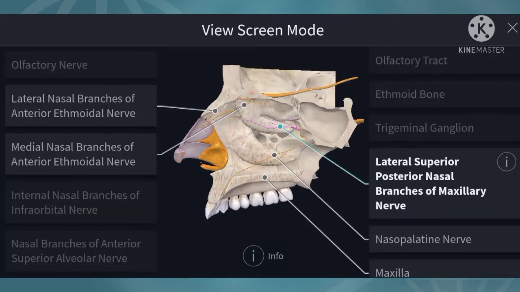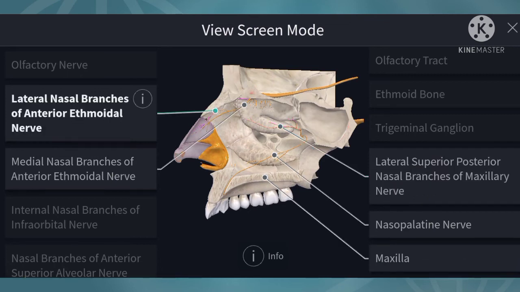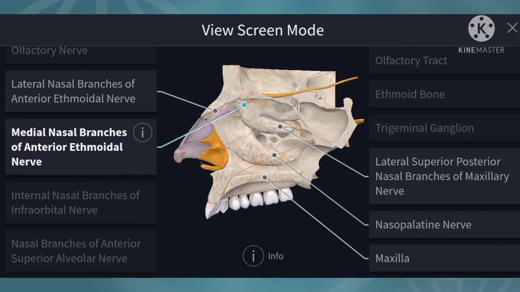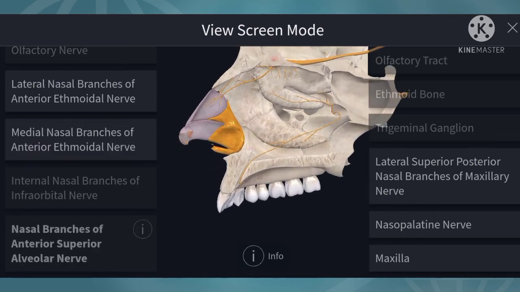Now we will see the nerve supply of the lateral wall of the nose. The general sensory nerves derived from branches of the trigeminal nerve are distributed to the whole of the lateral wall. The anterior superior quadrant is supplied by the lateral nasal branch and the medial nasal branch of the anterior ethmoidal nerve, and the anterior inferior quadrant is supplied by the nasal branch of the anterior superior alveolar nerve.